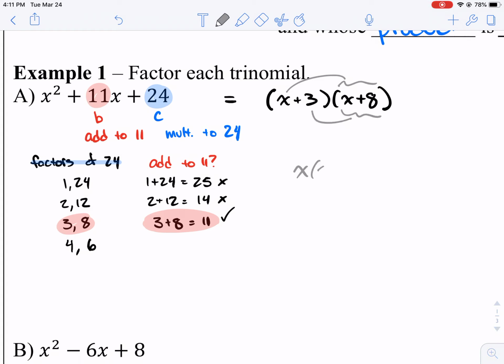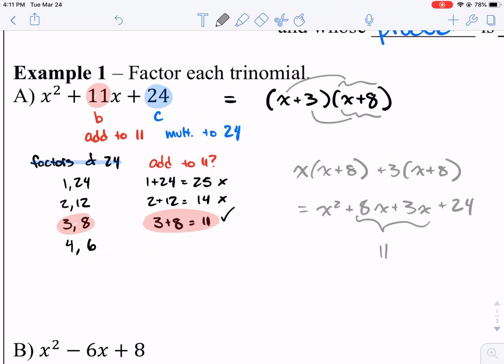So we have x times x plus 8 plus 3 times x plus 8. That gives us x squared plus 8x plus 3x plus 24, and 8 plus 3 is 11. So we have x squared plus 11x plus 24.